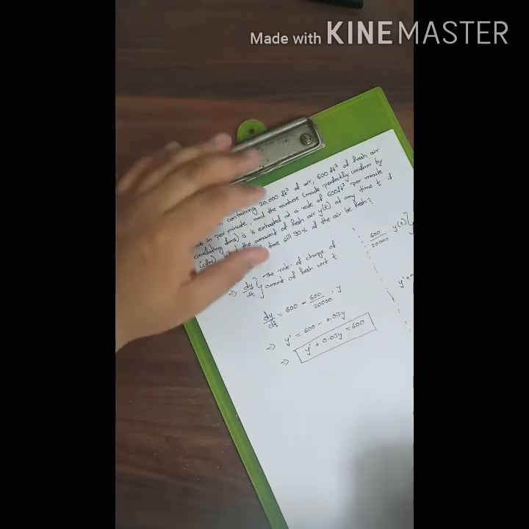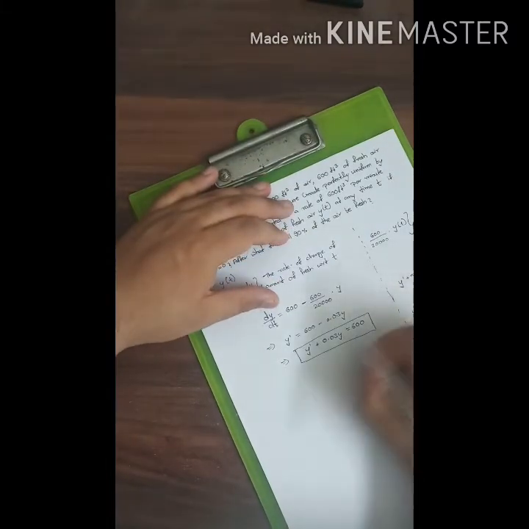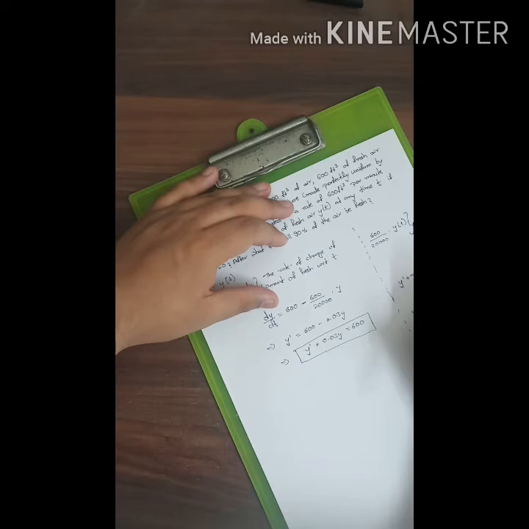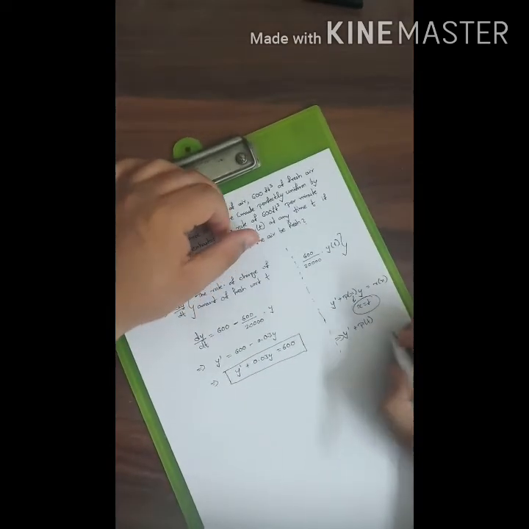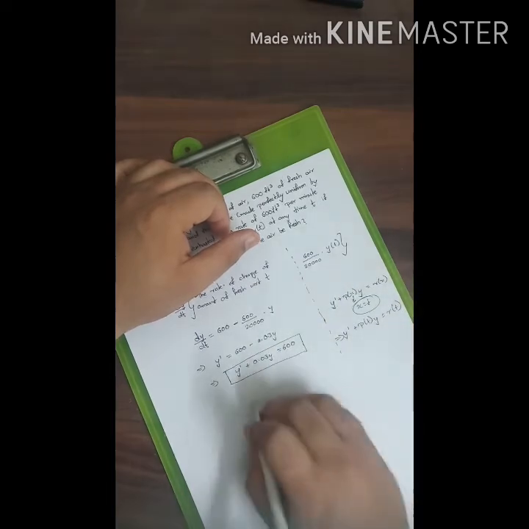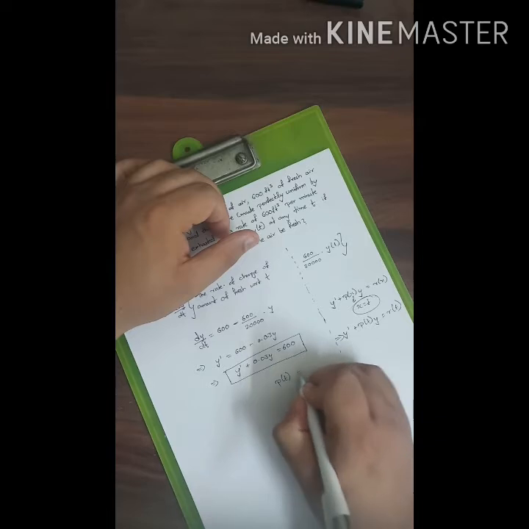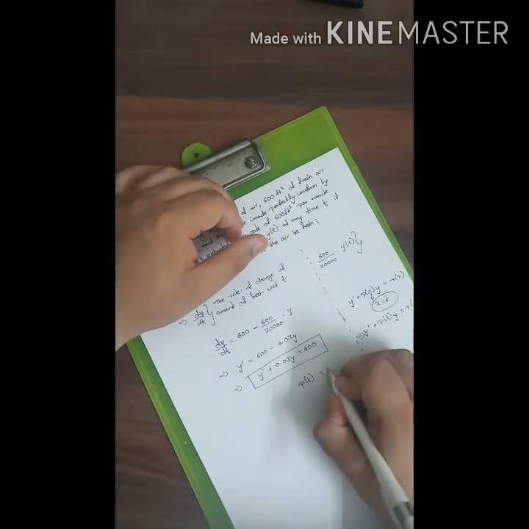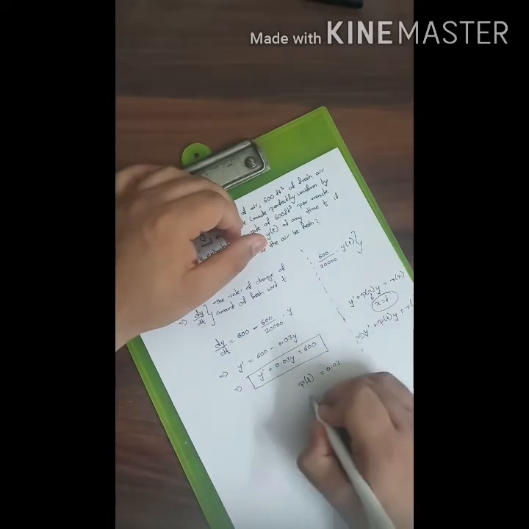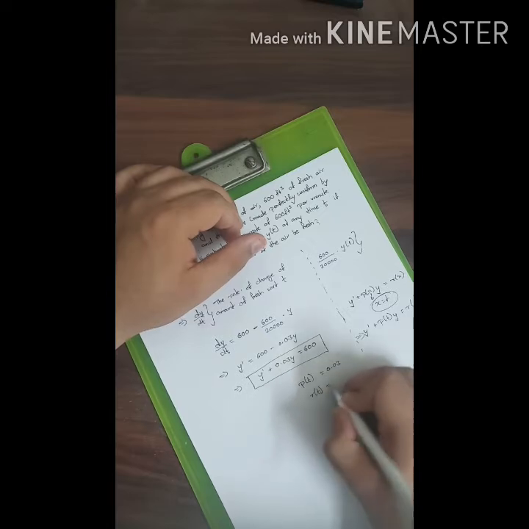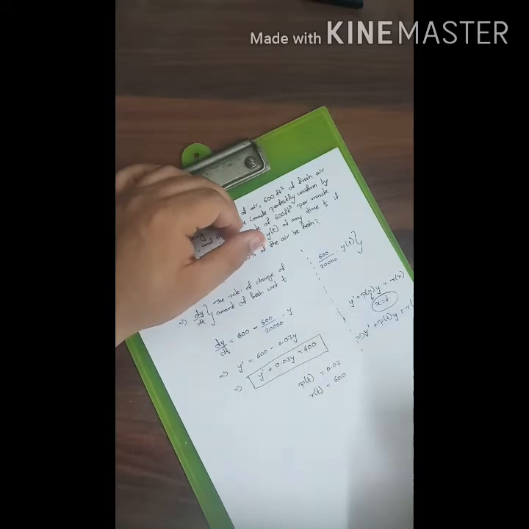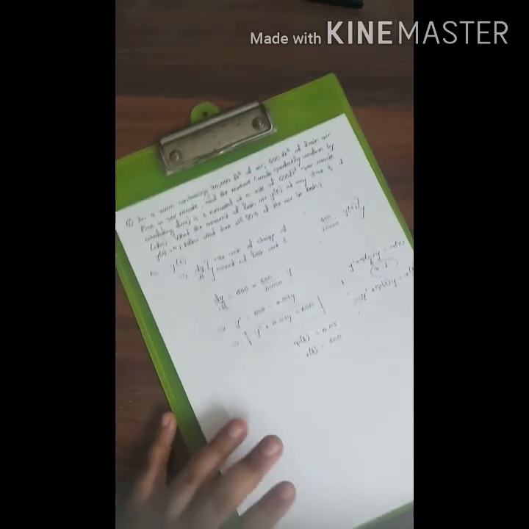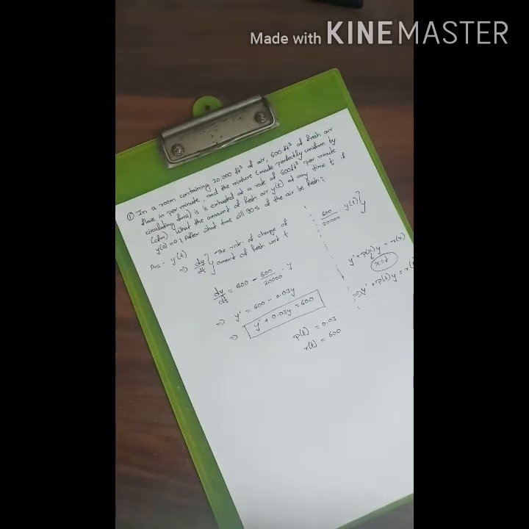Comparing this to the equation right here, we get that p(t) is equal to 0.03 and r(t) is 600.